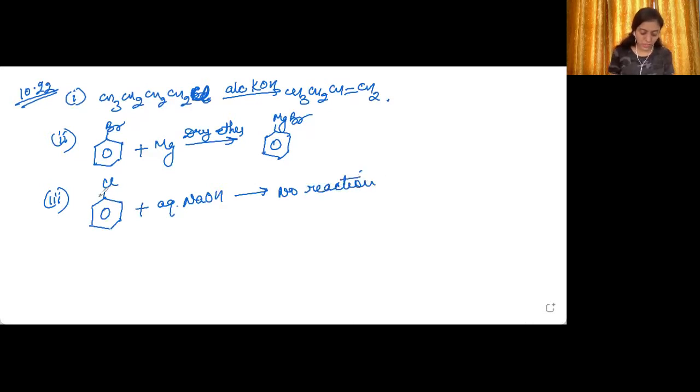Because replacing this chlorine from the benzene ring is very, very difficult. Due to resonance, there will be a double bond character. And OH negative will not be able to attack this position on the benzene ring, because benzene undergoes electrophilic substitution reactions, not nucleophilic substitution reactions.